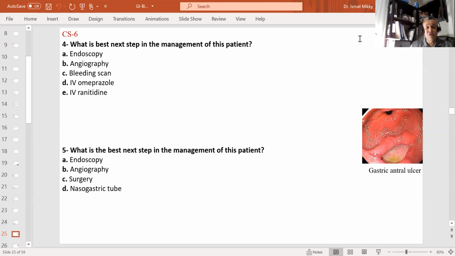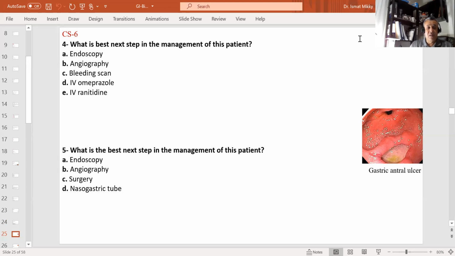So the angiography is only for failed endoscopic hemostatic control, and the bleeding is massive. And the bleeding scans are only for lower GI bleed. The nuclear bleeding scans are non-specific.